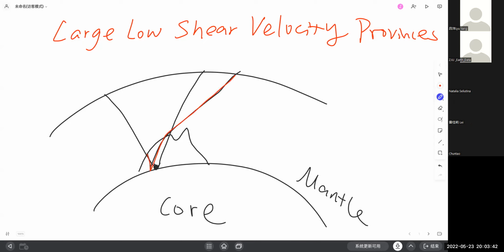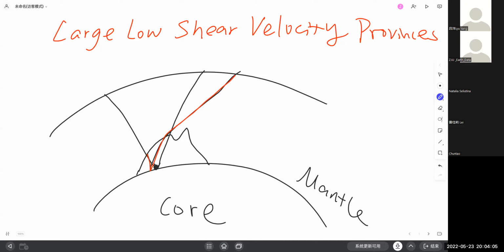So what this means is that there are some strange wiggles that people see in the seismographs. At that time, a lot of people at Caltech made a great contribution to that. They said, okay, there might be something abnormal near the Earth's core boundary.